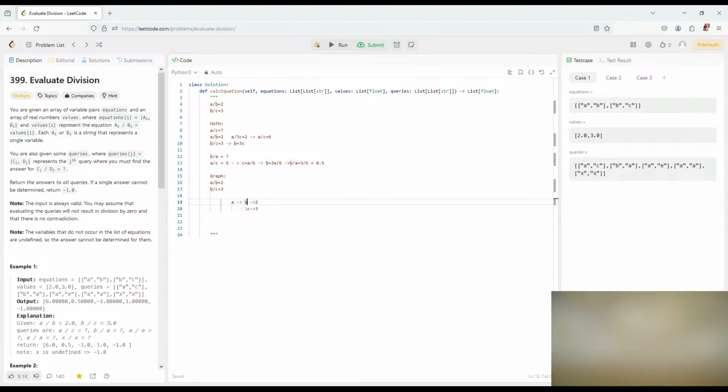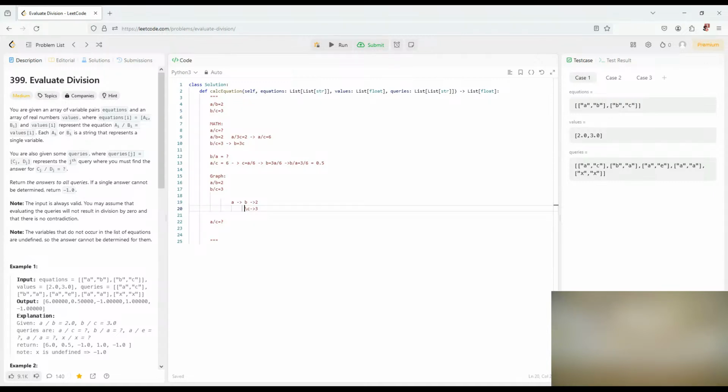So the question is, if we have this condition and this graph, how can we find A divided by C? We know it's 6.